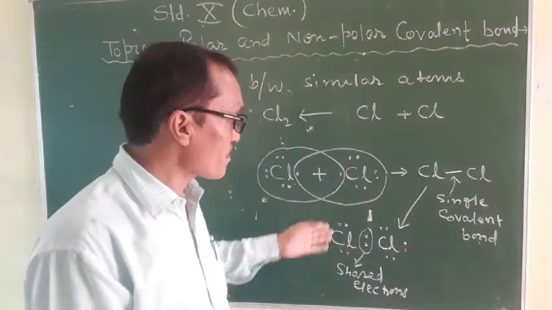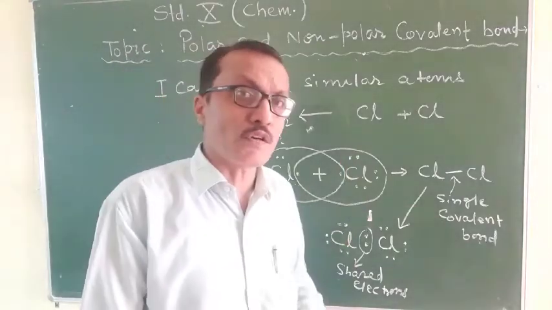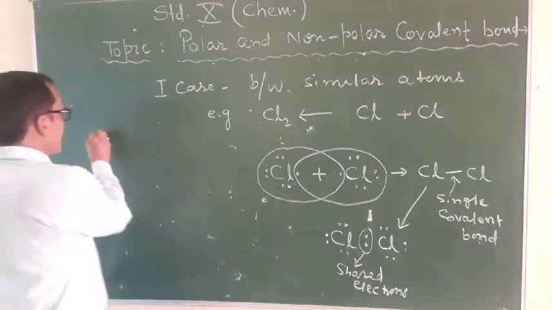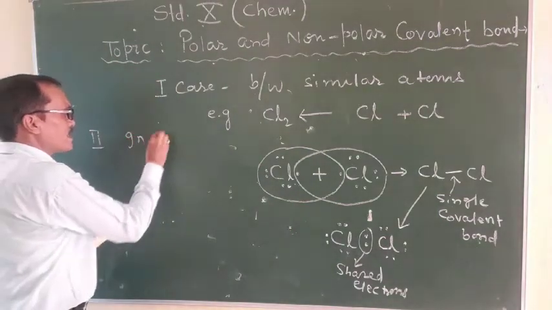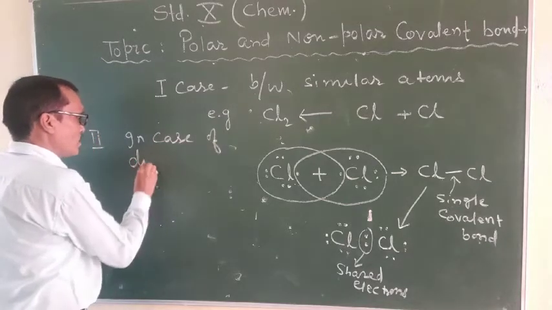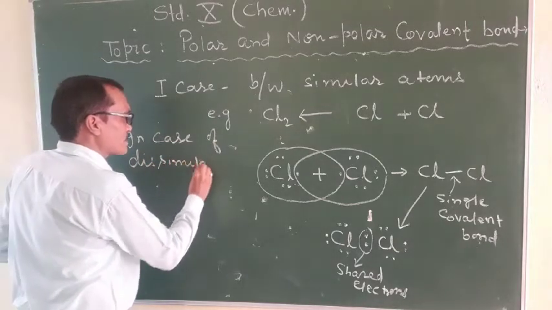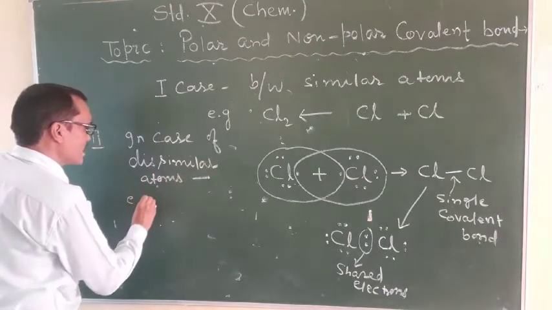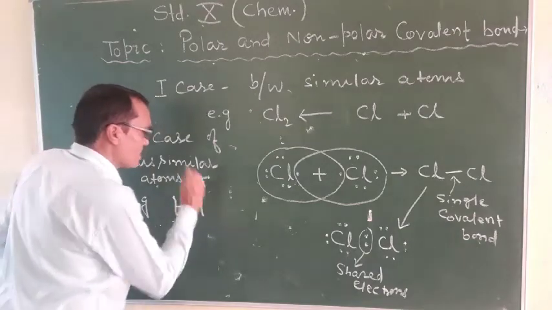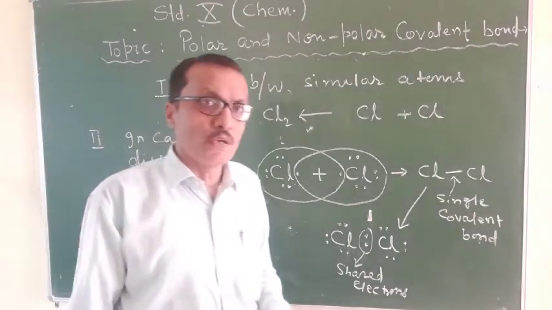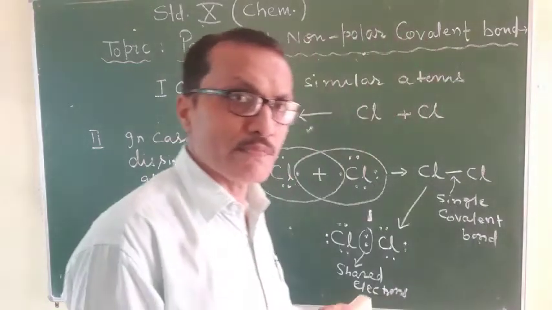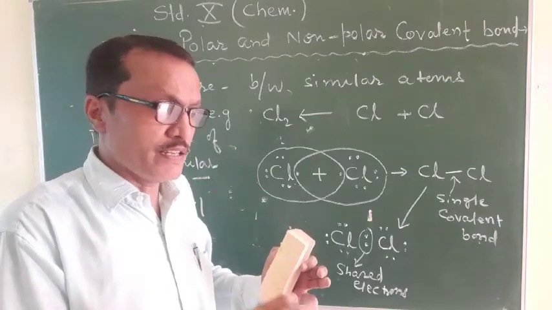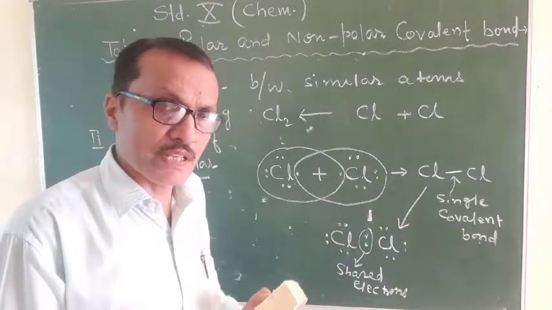Now, what happens in case of dissimilar atoms? Take one example, HCl. Students, in HCl two different types of atoms are present, H and Cl. Between H and Cl, sharing of electrons takes place.